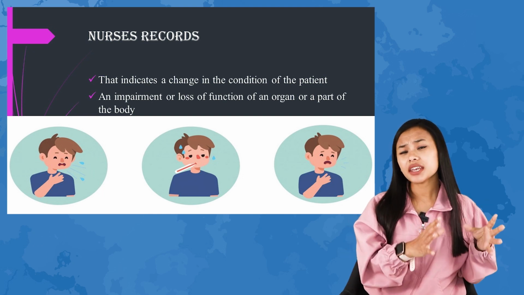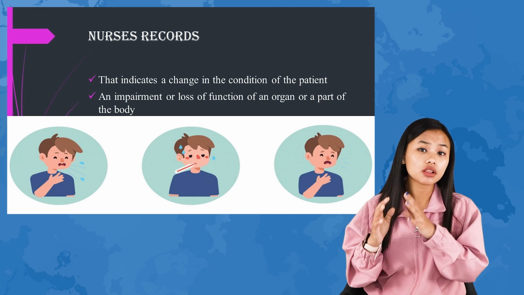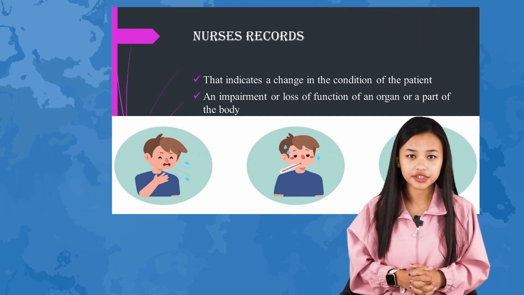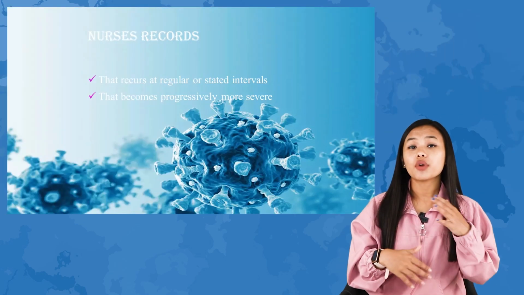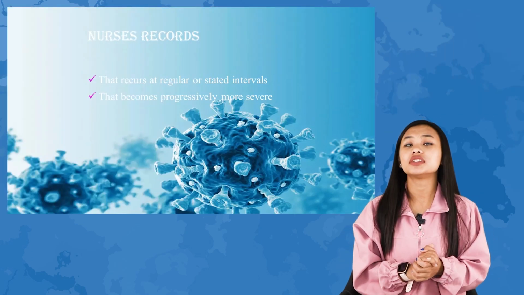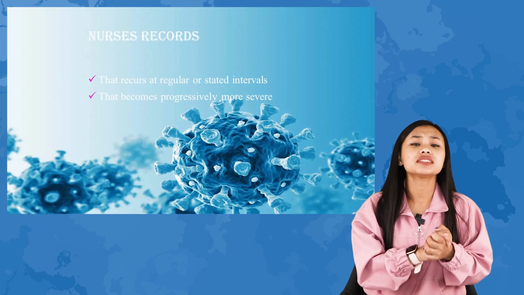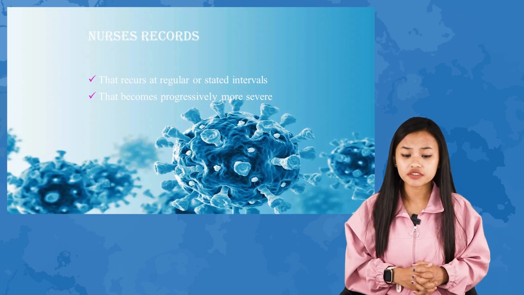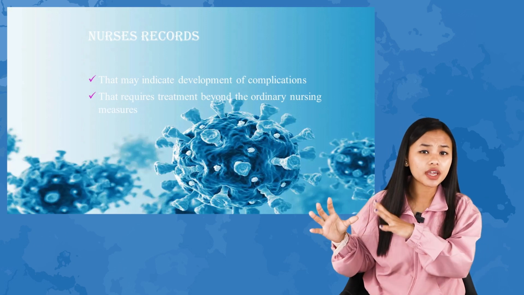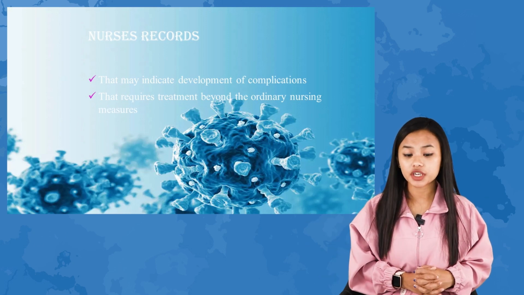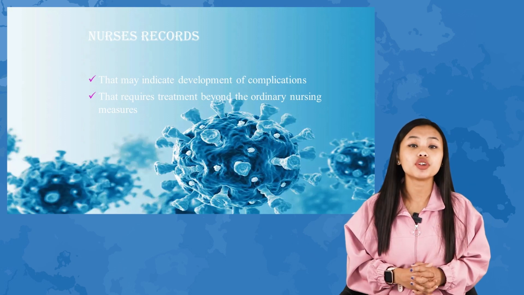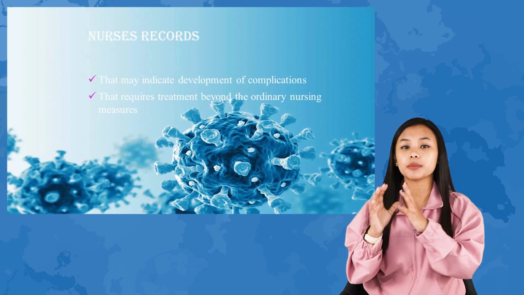The next is any impairment or even the loss of function of an organ or any part of the body. Then something that recurs at regular or stated intervals, and something that may become progressive or even more severe. That something may indicate development of complications or even something that requires treatment beyond the ordinary nursing measures.